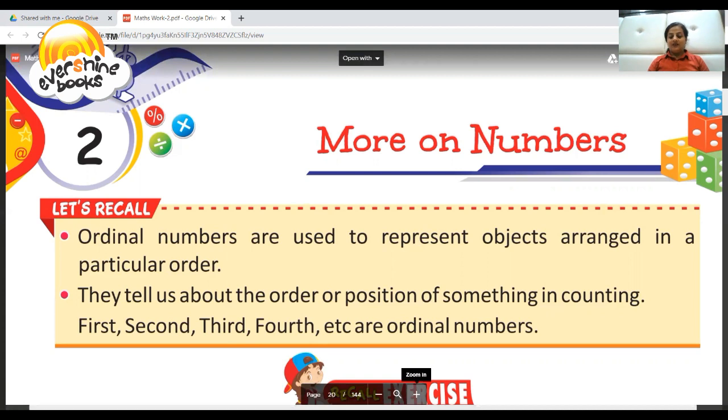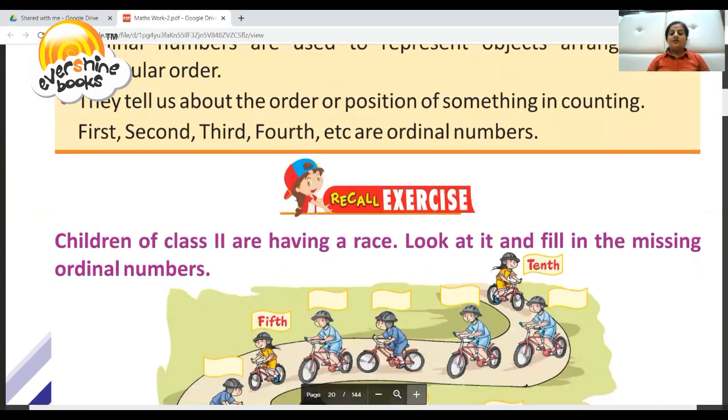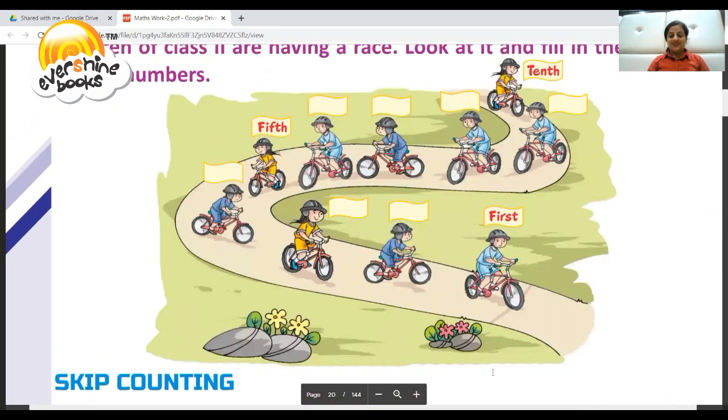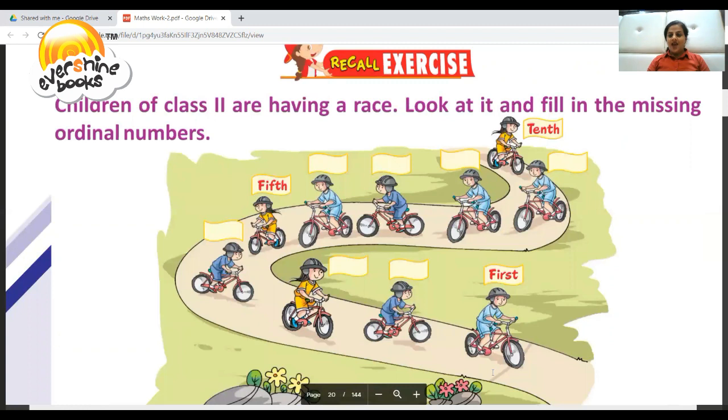In that, we are going to do first exercise, that is recall. In that, children of class 2 are having race, and we have to fill the ordinal number. The first boy is standing with a bicycle. He is first.